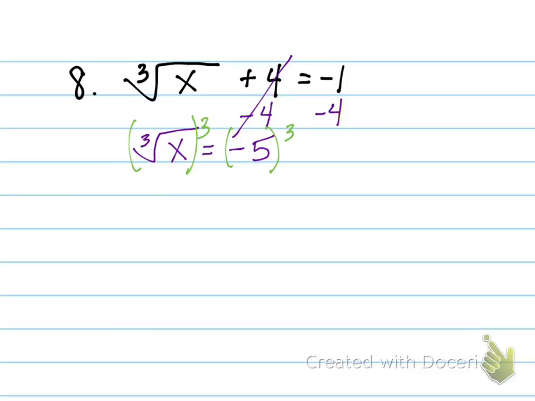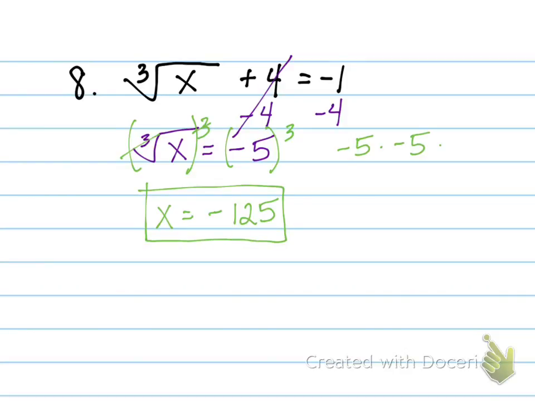And you can type that into your calculator, but you end up getting x equals negative 125. The reason why it stays negative is because it's like taking negative 5 times negative 5 times negative 5. So you do these first, you get a positive 25 times a negative 5, which ends up getting a negative 125. So it's like a negative times a negative times a negative. It stays negative.